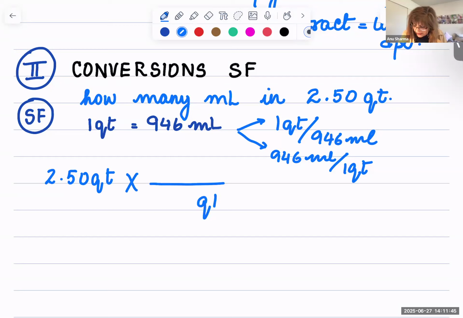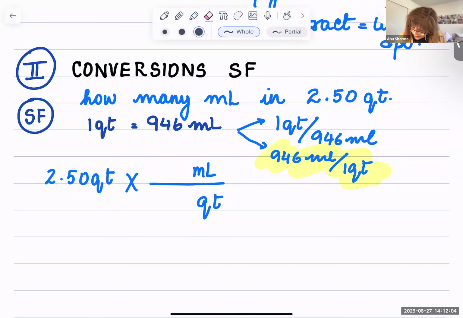So quarts will be in the denominator and milliliters in the numerator. So we use this conversion factor: 946 milliliters over 1 quart. You cancel these two off.